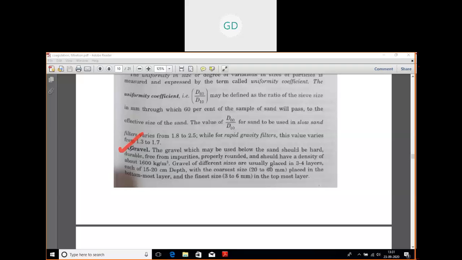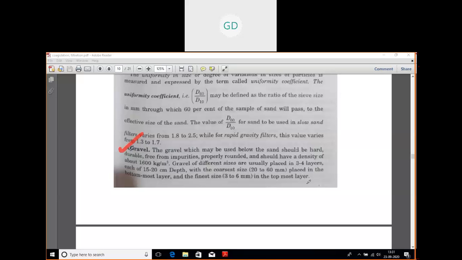Gravel of different sizes are usually placed in 3-4 layers, each of 15 to 20 centimeter depth, with the coarsest size placed in the bottommost layer, and the finest size in the topmost layer.